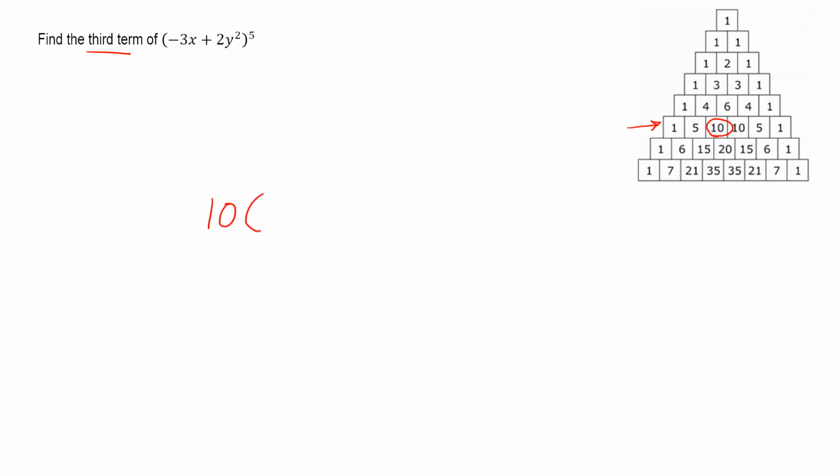And then we just have to figure out the powers on our two terms. So negative 3x will be raised to a power, and 2y squared will be raised to a power. Now, when you write all the terms out, you have 6 terms.